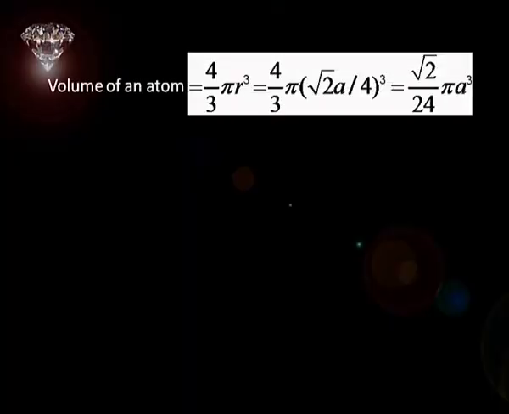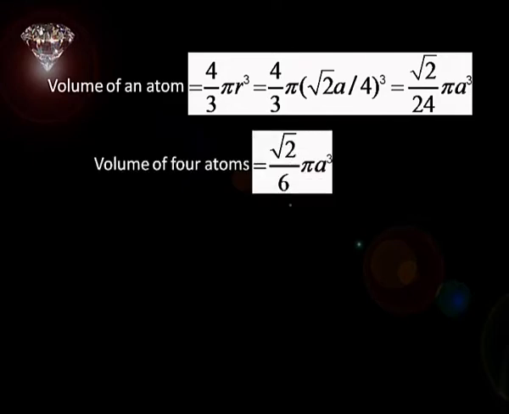Having done this, again we do the same exercise. We compute the volume of an atom, which comes out to be root 2 by 24 pi a cube, just by substituting r equal to root 2 a by 4. Since the FCC unit cell has 4 atoms per unit cell, the volume of 4 atoms will be 4 times this volume, root 2 by 6 pi a cube, and the volume of the cell as before is a cube.